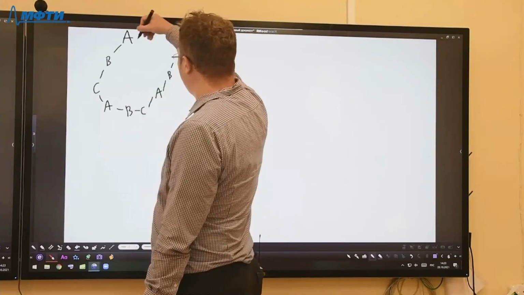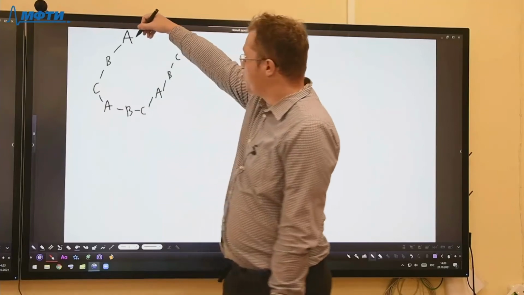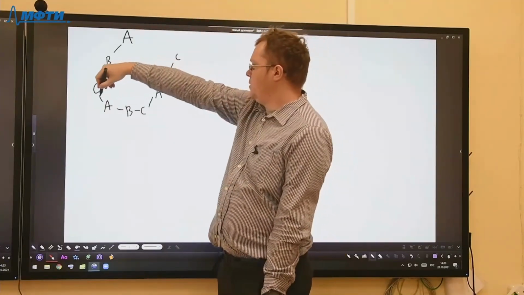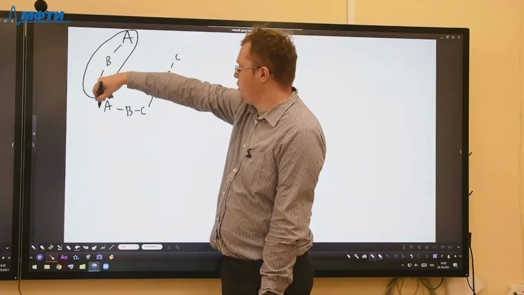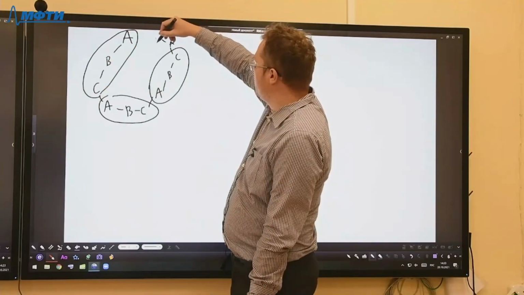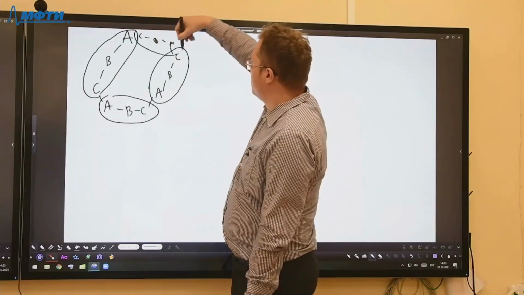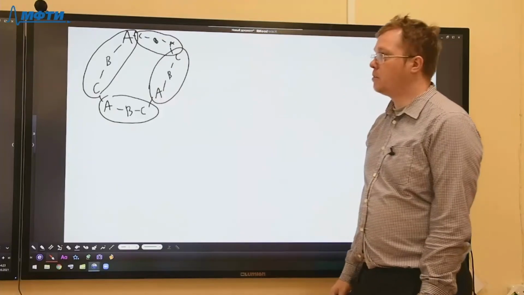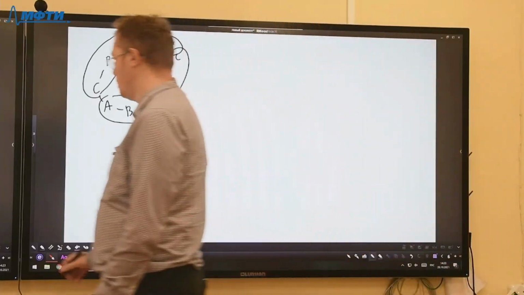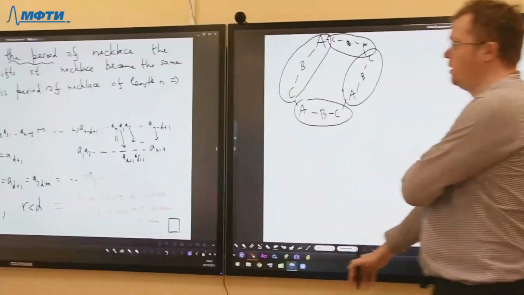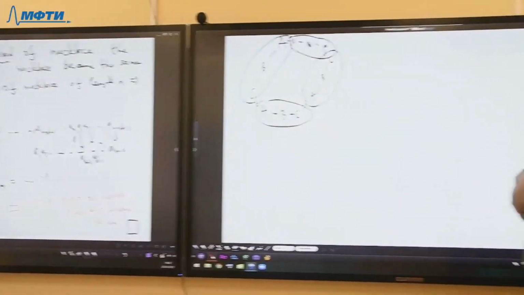So if you want to finish, we need to finish on A. And to finish on A, we need to have a natural number of such triplets here. And so the period should divide the length of our necklace.